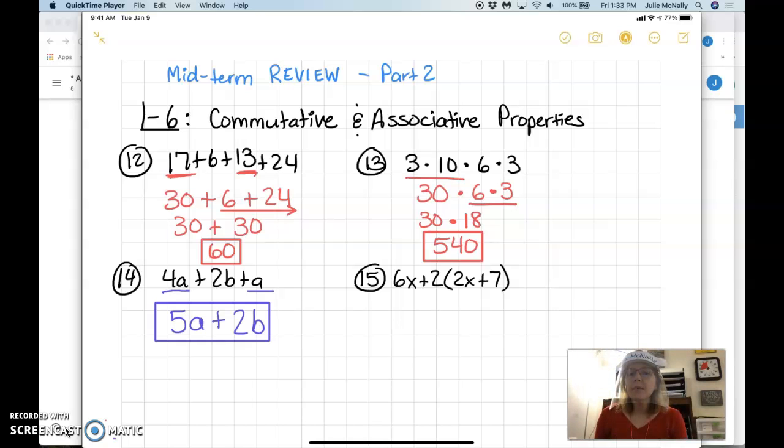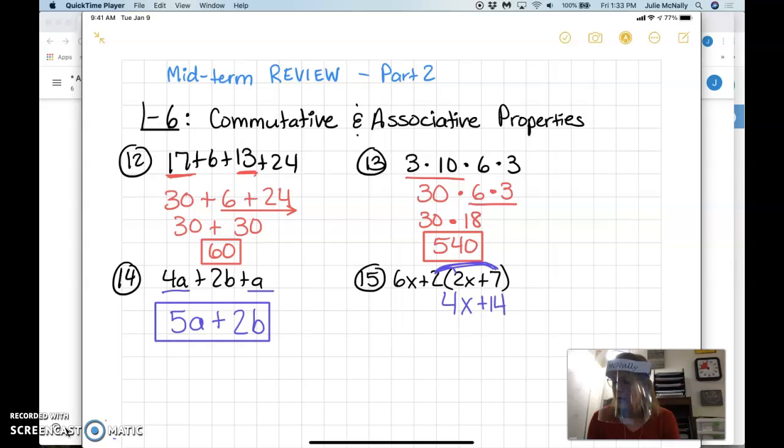All right. So the next one, what do I have to do first in this problem? Yes, I have to do the distributive property first. So what is 2 times 2x? 4x. And what is 2 times 7? 14.